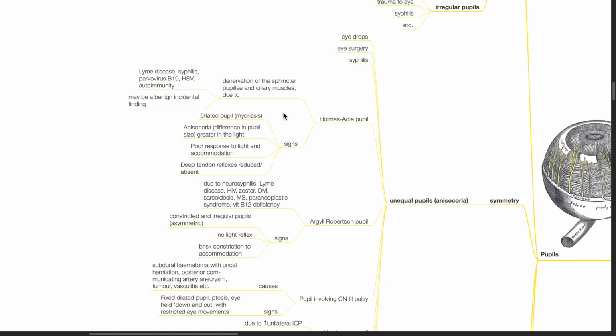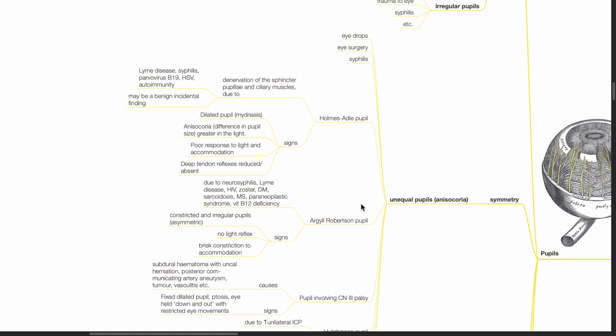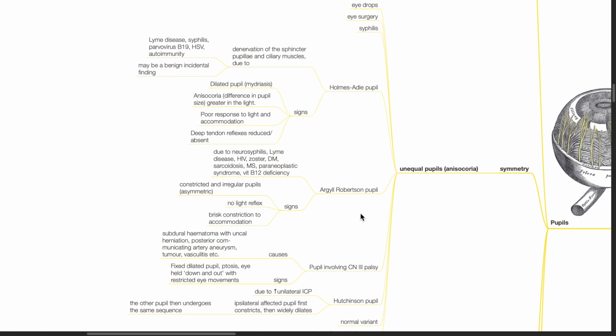Argyll-Robertson pupil can cause unequal pupils. This is due to neurosyphilis, Lyme disease, HIV, zoster, diabetes mellitus, sarcoidosis, MS, paraneoplastic syndrome, or vitamin B12 deficiency. Signs of Argyll-Robertson pupil include constricted and irregular pupils, absent light reflex, and brisk constriction to accommodation.